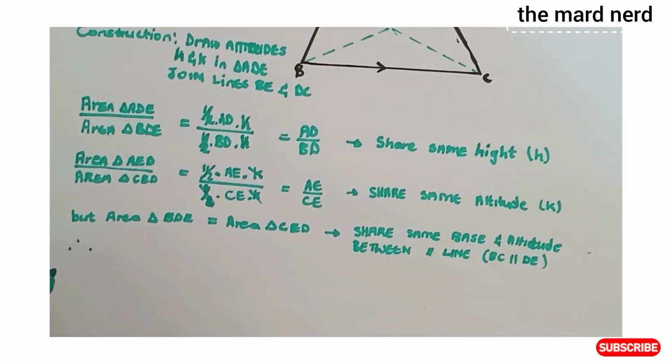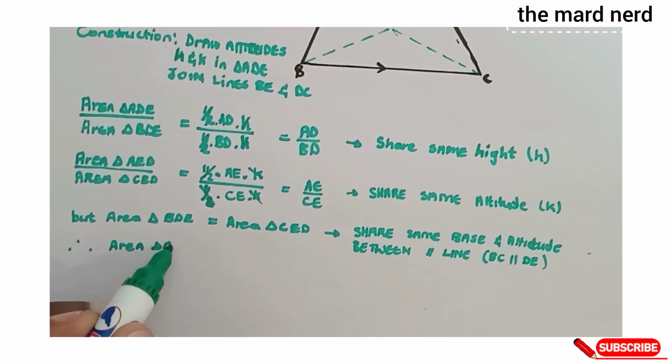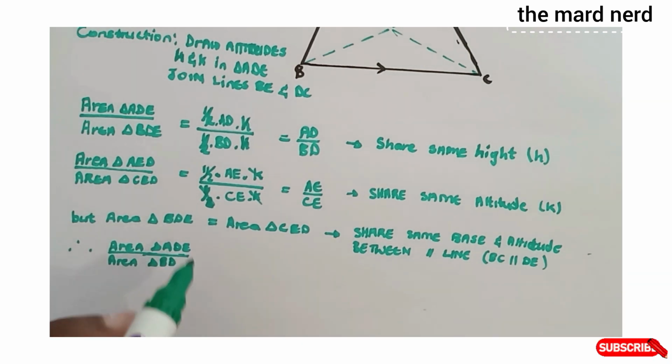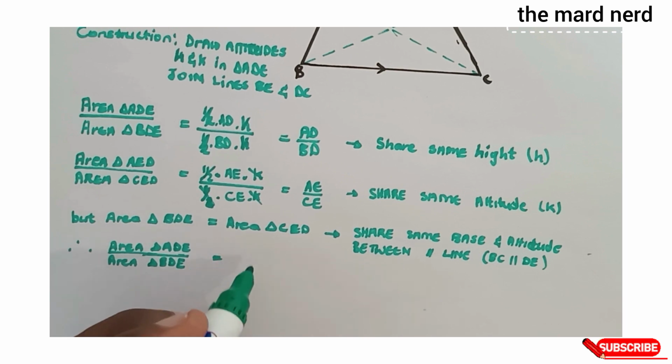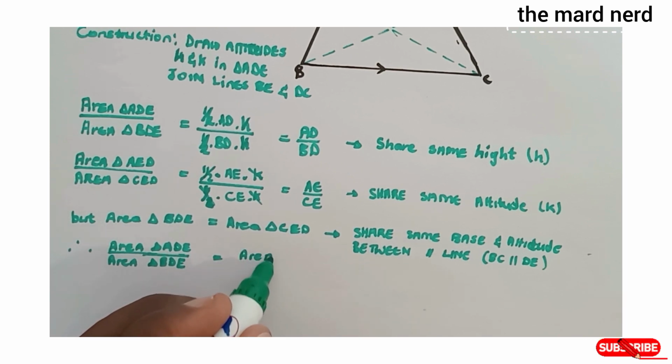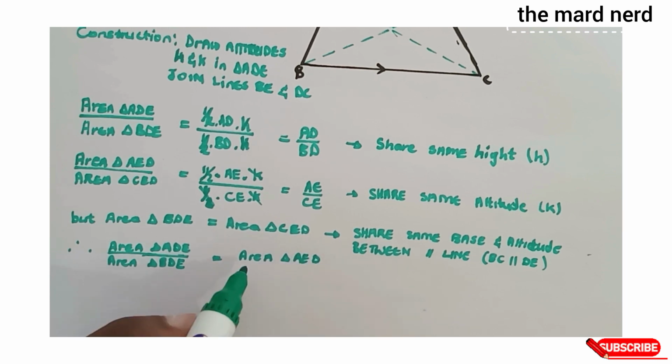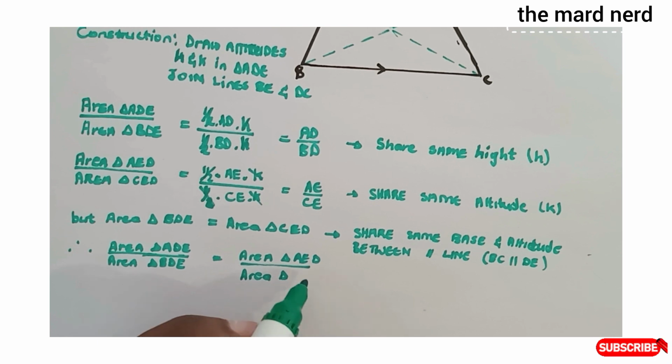So therefore the area of triangle ADE over the area of triangle BDE is equal to the area of triangle AED over the area of triangle CED.